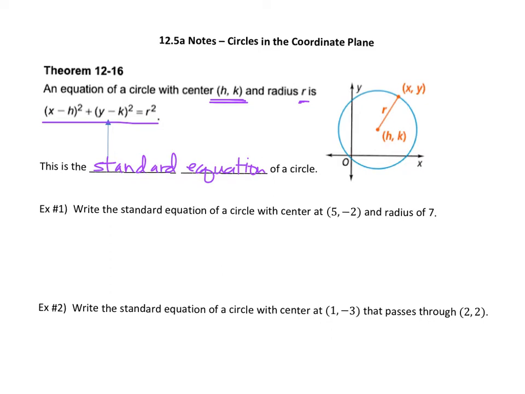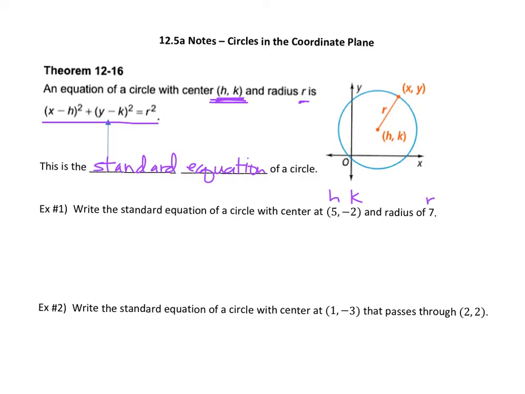So first one says, write the standard equation of a circle with a center at (5, -2) and a radius of 7. Well, if you think about the formula, the center is (h, k), so this is your h and your k, and then your radius is the 7.